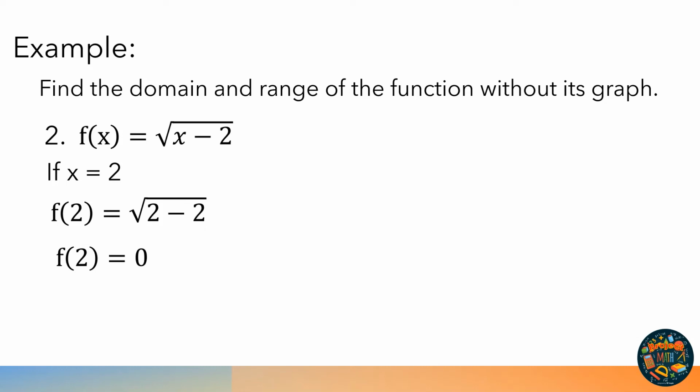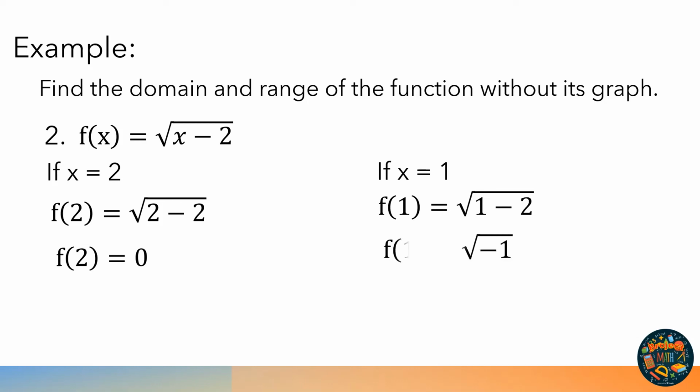Since naging 0 yung value ng function natin, then 2 is still allowed or permissible. Kapag tataasan natin, magiging 3 halimbawa, 3 minus 2 is 1, square root of 1. So, permissible pa rin. If we are going to have a lower value, so let's say 1.